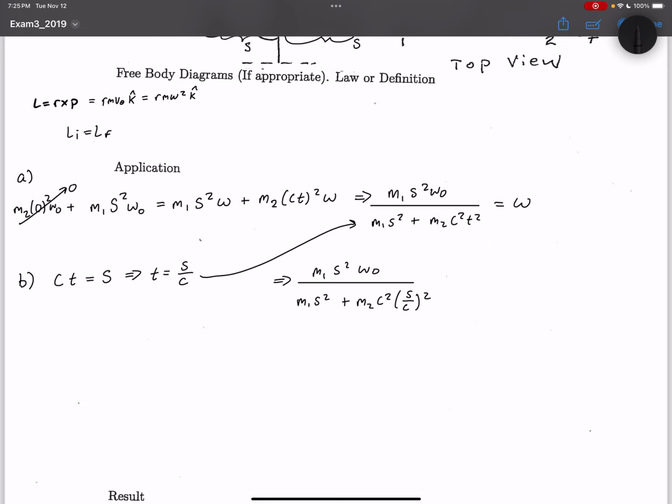Those two c's cancel out, and we end up with m1 s squared omega naught over m1 s squared plus m2 s squared. Okay, cool.